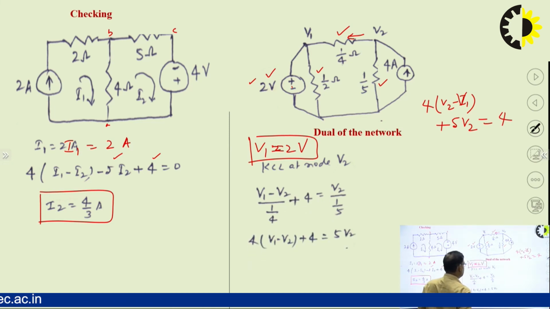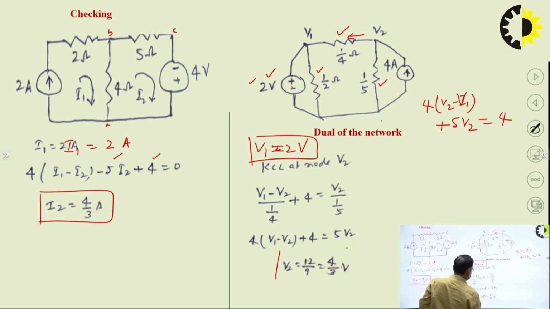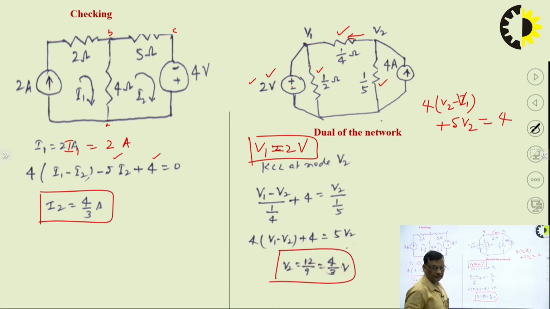On simplification, with V1 equal to 2, we have from KCL at node B: 4 into 2, so minus 8, and on the other side 12, and 4 V2 plus 5 V2 is 9 V2. So 12 by 9, that is 4 by 3. So this is 4 by 3. This way we can check whether we have drawn the dual network correctly or not.